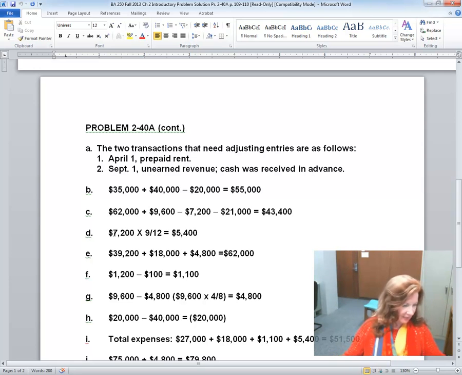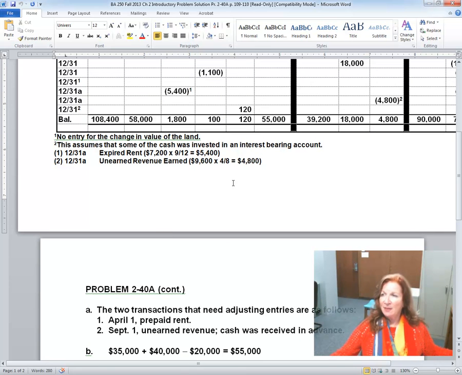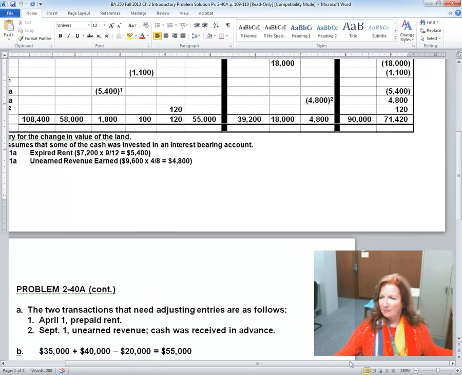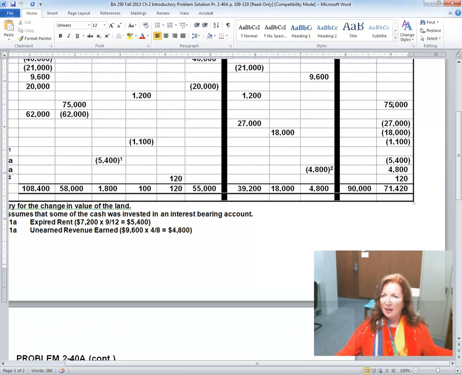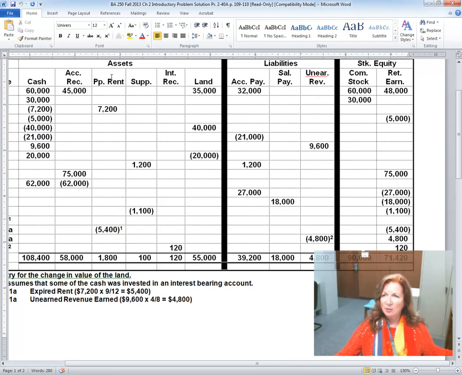Now let's look at D. Turn the page. What amount of rent expense would be reported in the income statement? Now, again, the rent expense is the amount that's over here in the expense column, and then the prepaid rent. So here's prepaid rent.